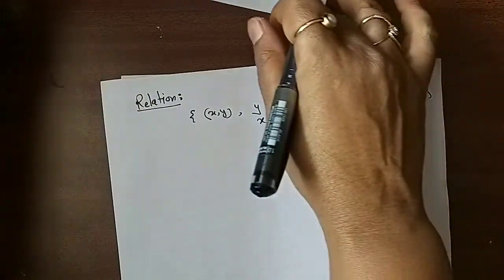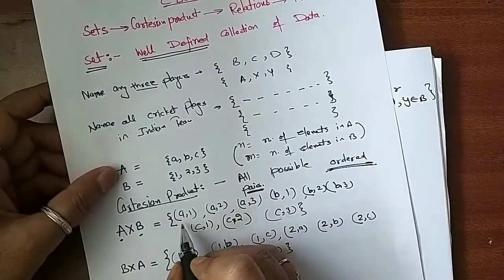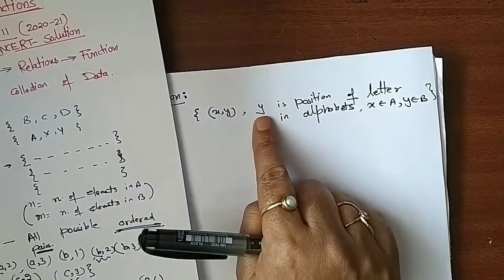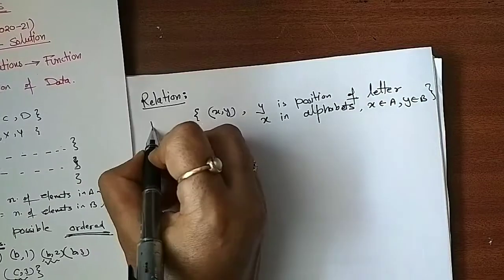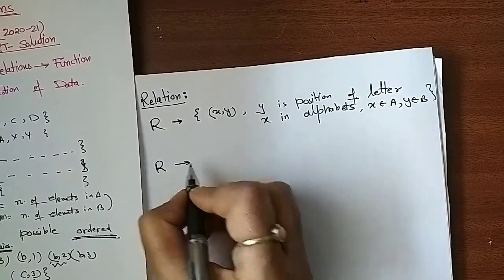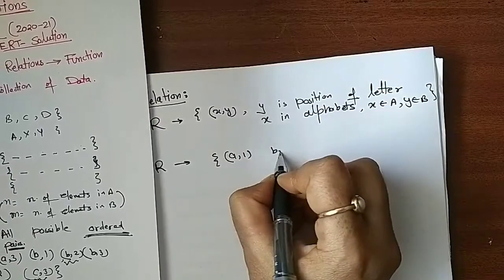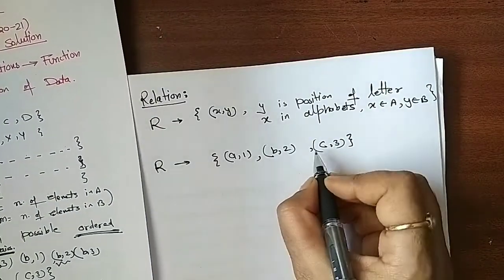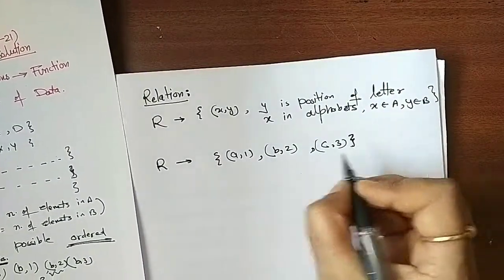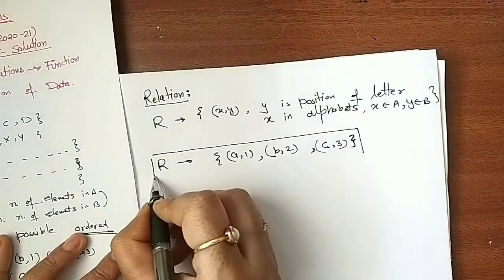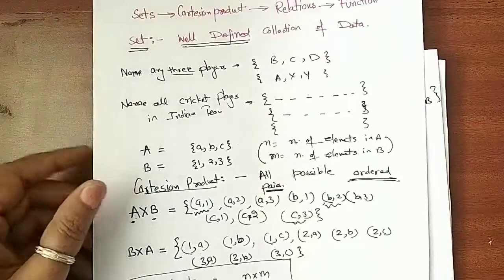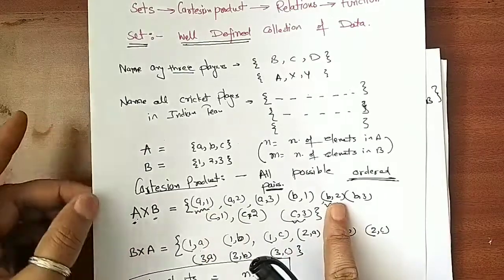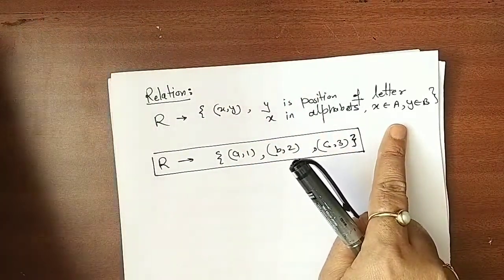Then out of all the Cartesian products, only A1, B2 and C3 satisfy the condition. See, y is the position of letter x. So my relation will have only A1, B2 and C3. These ordered pairs are written with a comma inside curly brackets. That's how we show a relation. So a relation is nothing but a subset of the Cartesian product, meaning a few of the ordered pairs are picked up which satisfy the given condition.